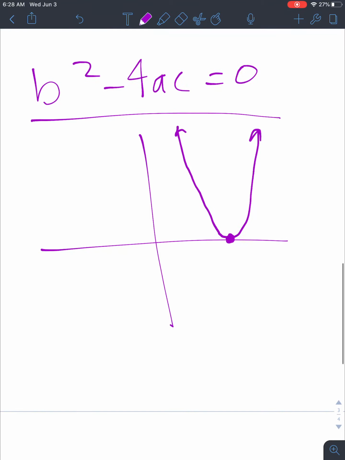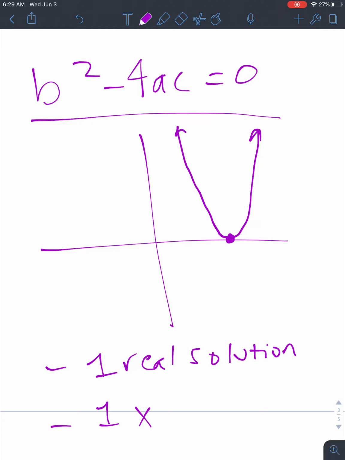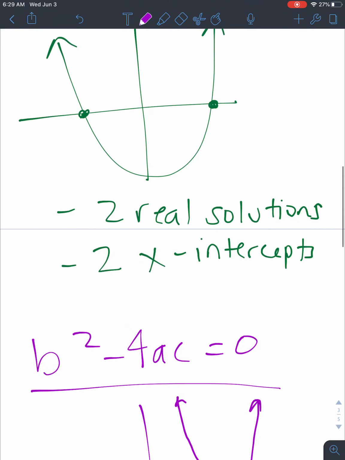And since it only hits it once, we know that there's one real solution. This was our x equals 1/2 solution yesterday, the solution that there was only one of. And that's because the b squared minus 4ac, what was inside that square root, was equal to 0. So if what's inside the square root is equal to 0, you have one real solution or one x-intercept.